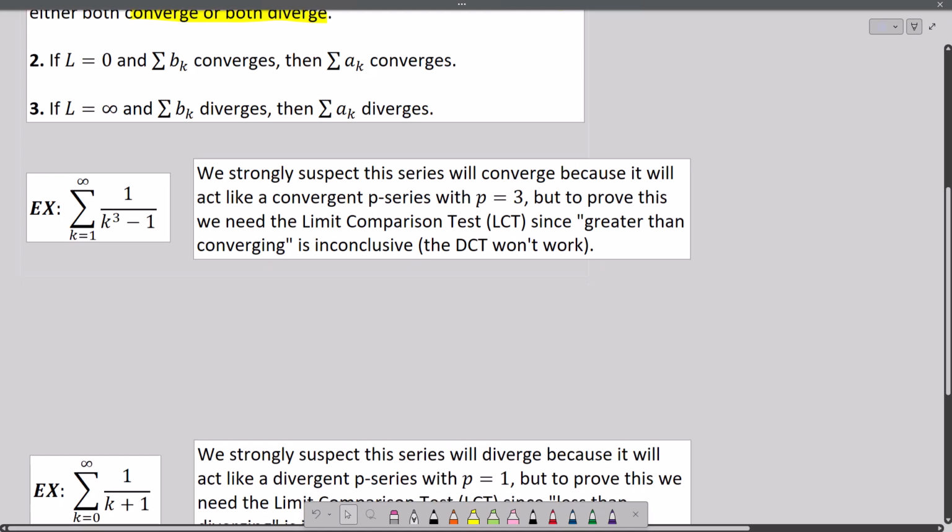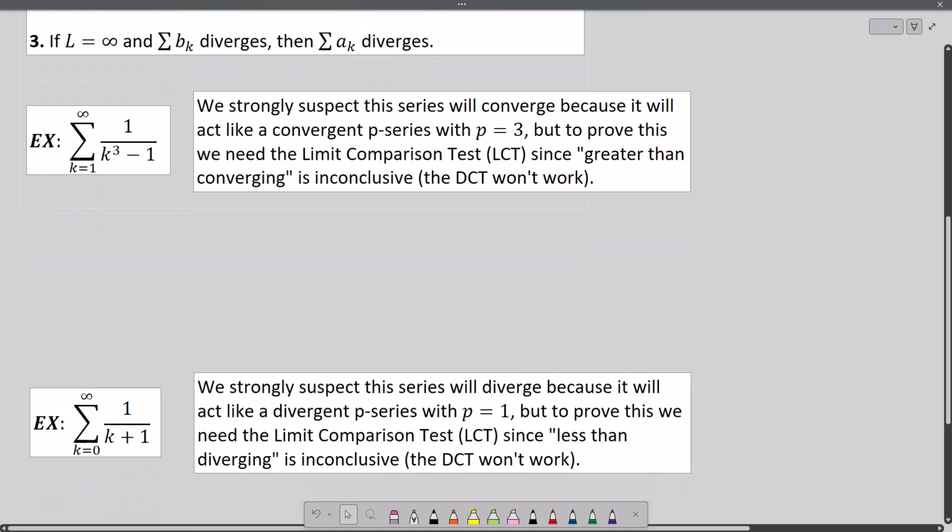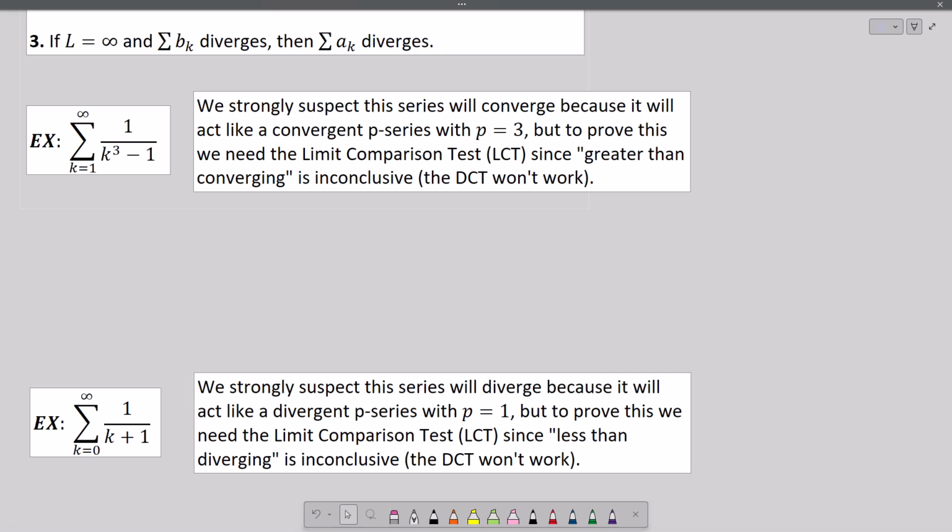Okay, so we have a p-series-ish looking thing. We know that the direct comparison test gave us inconclusive. The b sub k series is 1 over k cubed. So this is b sub k.